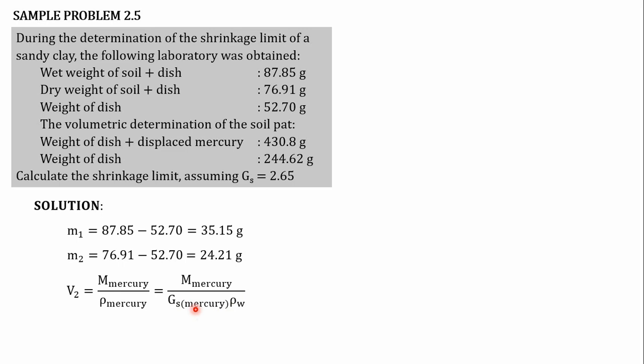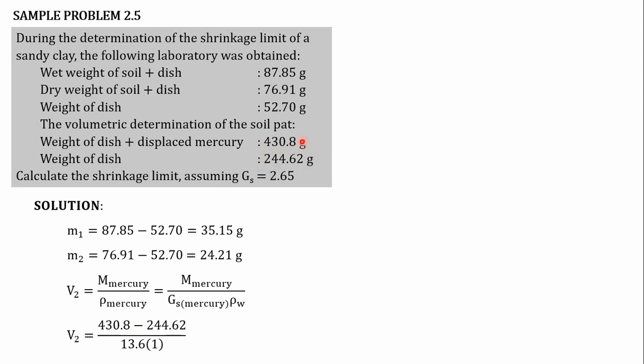And we know, class, that the specific gravity of mercury is always 13.6. So to compute for the mass of mercury displaced, that is 430.8 grams minus the weight of the dish, class.